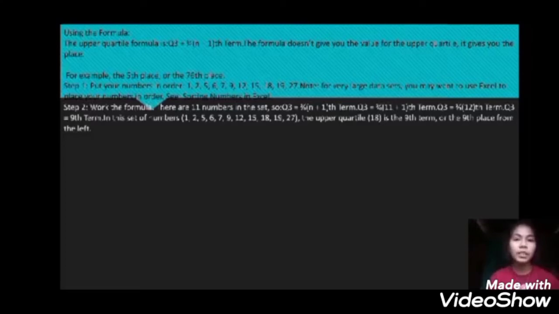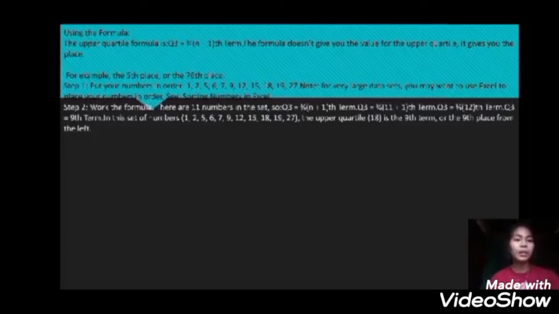Step 1 is to put your numbers in order: 1, 2, 5, 6, 7, 9, 12, 15, 18, 19, and 27. Note, for very large data sets, you may want to use Excel to place your numbers in order. Step 2, work the formula. There are 11 numbers in the set. So, quartile 3 is equal to 3/4 times (n plus 1) terms, which is 3/4 times (11 plus 1) terms, which is 3/4 times 12 terms.